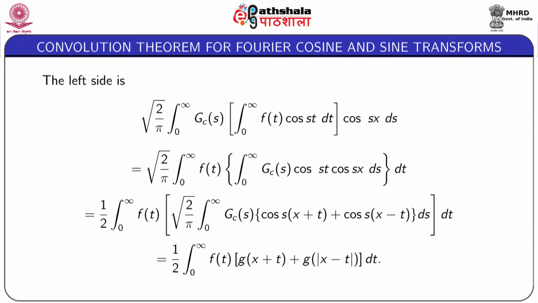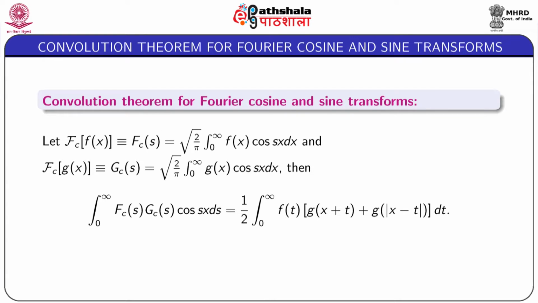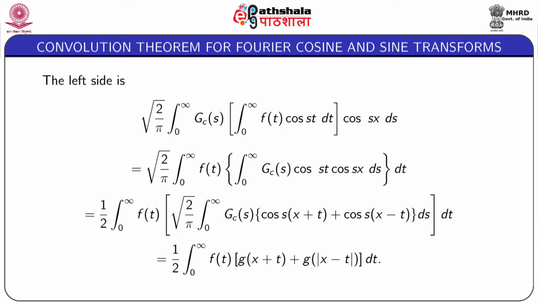We shall prove this result. Now, we can see that the left hand side of this relation, if we write capital Fcs and capital Gcs, is equal to root over 2 by pi integral 0 to infinity capital Gcs into integral 0 to infinity small f(t) cos st dt into cos sx ds.